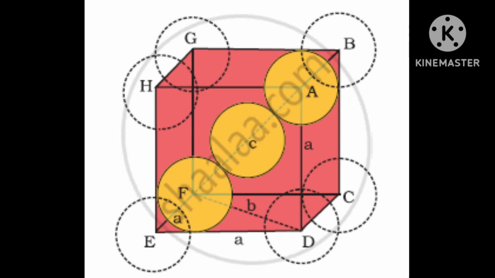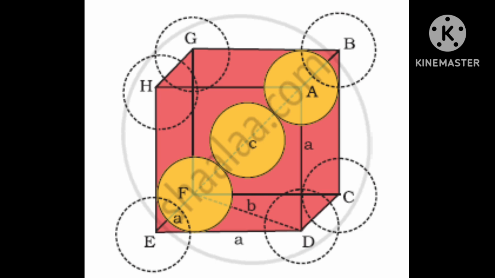Now all the values you know. The hypotenuse value you have calculated as under root 3 a. But that hypotenuse, you know, is equal to 4r.